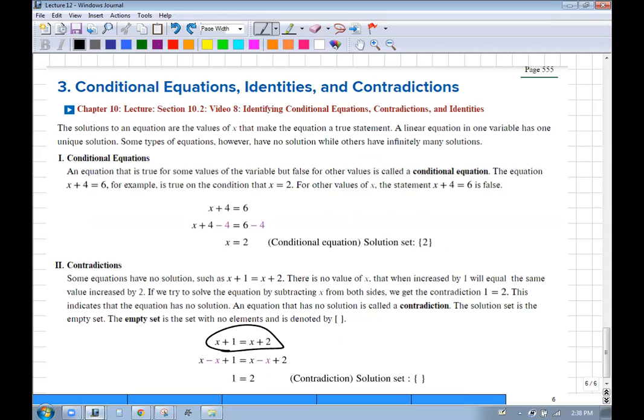Something like this, if I subtracted x from both sides, what this thing is saying is that 1 equals 2. So they call this a contradiction because its solution set is nothing. It's not any different than this one. This is a conditional equation. It's just that there is no condition that satisfies it, so they call it a contradiction.